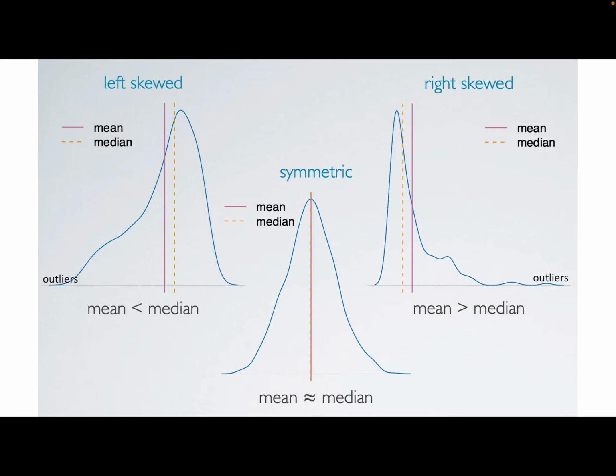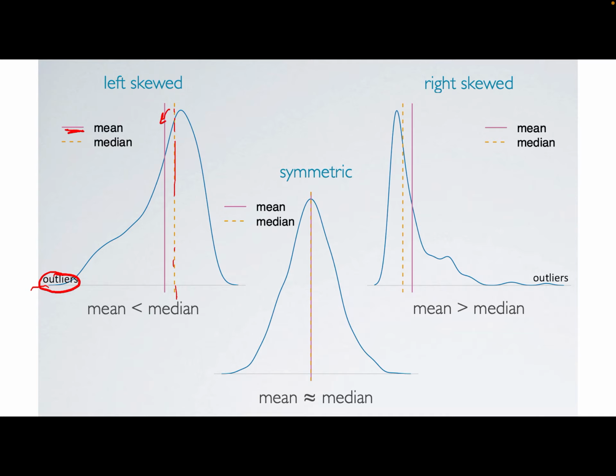So if you're looking at a graph and you want to think of this, whenever you have those outliers, the small points that make it skewed to the right or to the left, the median is going to stay closer to the center, but the mean is going to travel wherever that outlier is.